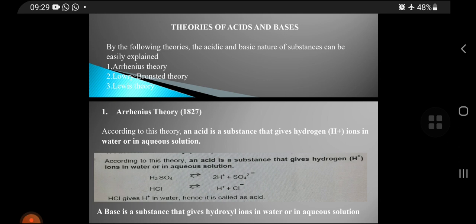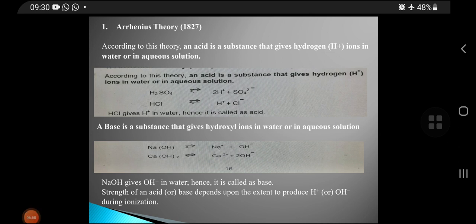The main theories of the acid and base concept, three things are very important. First one, Arrhenius theory. Second one, Lowry-Bronsted theory. Third one, Lewis theory. By the following theories, the acidic and basic nature of substances can be easily explained. First, we are going to talk about Arrhenius.